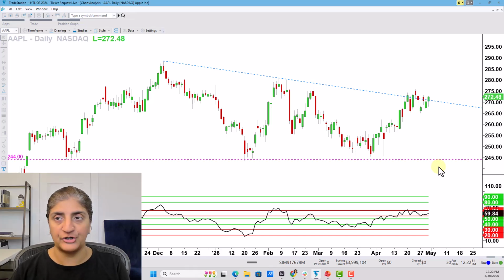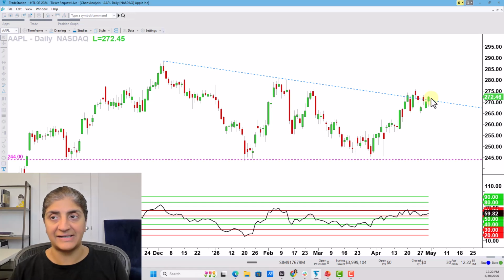What I prefer to do is if we get a breakout, okay? So I don't have a crystal ball, but if in this case, Apple were to break out and have those 2 days of closes above the falling blue line, then I would look at the latest move higher in the consolidation, and I would look at the platform of support.